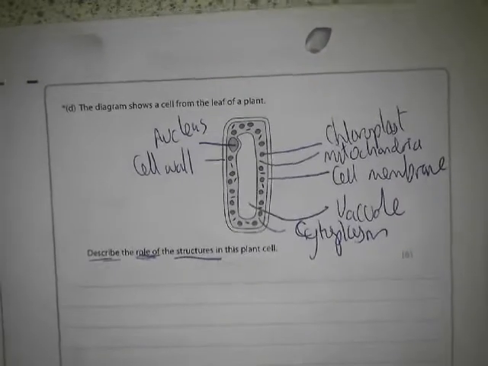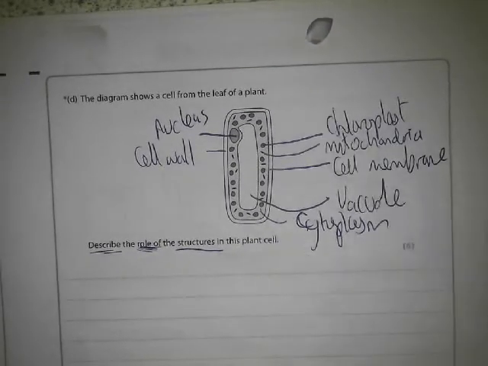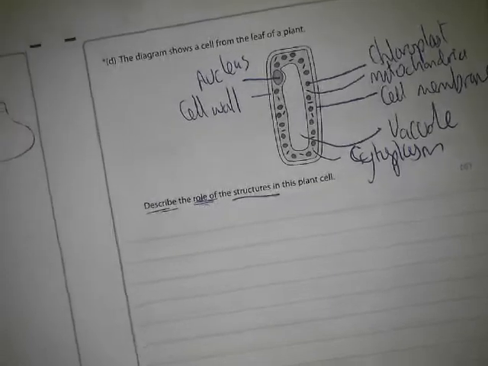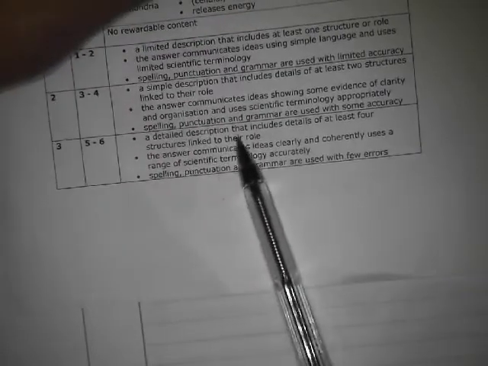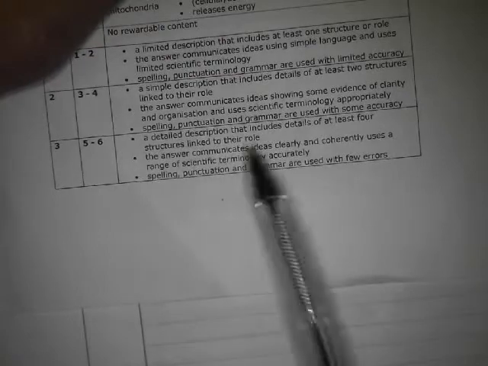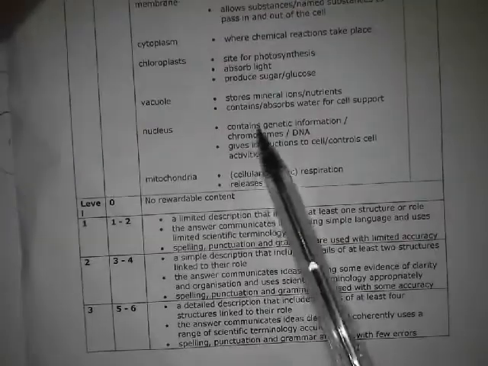So I'll give you a chance to copy those down because I was off screen. How many do you think the examiner is wanting you to talk about in order to access 4 marks? Well, let's have a look, shall we? Here is the mark scheme. A detailed description that includes details of at least 4 structures. So 4 of those structures you need to talk about, out of the ones that we listed.